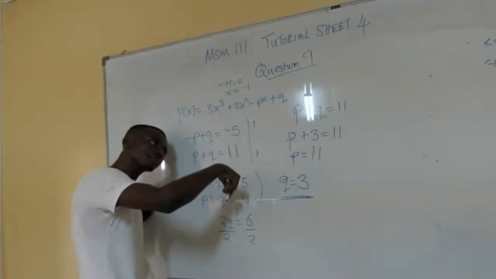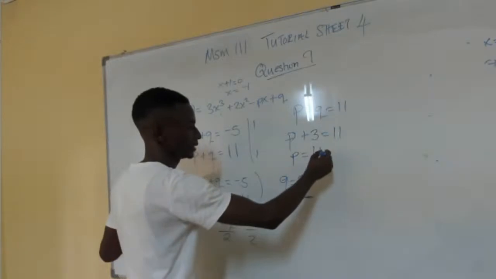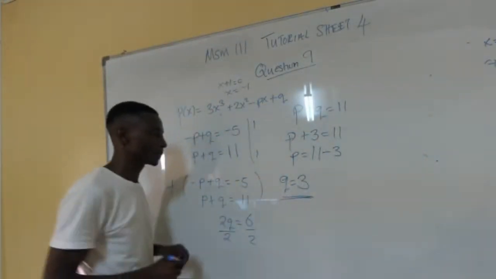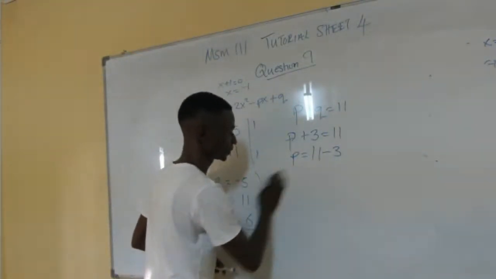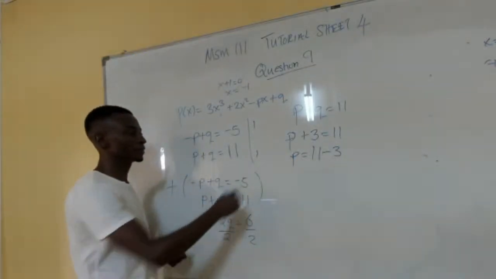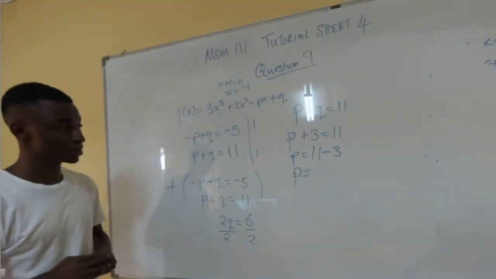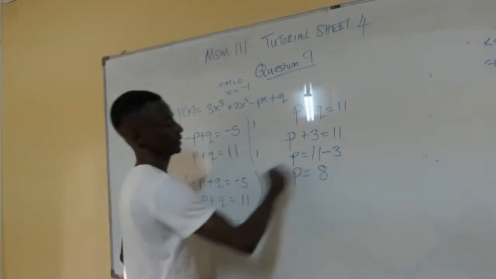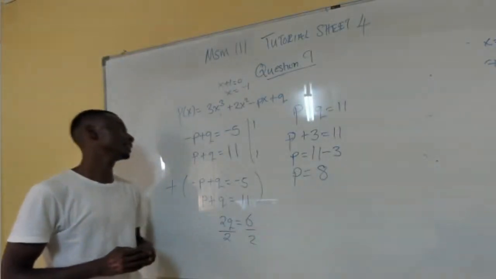Since it is positive on this side, on the other side it will be negative: 11 minus 3. What is the value of P now? If you subtract, P is equal to 8. Is it 8 or 7? I think it's 8. Yes. So that's what you're supposed to do.